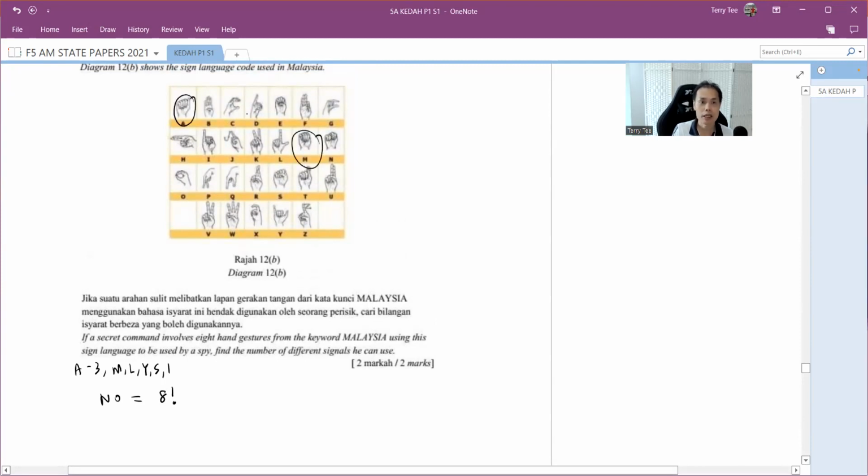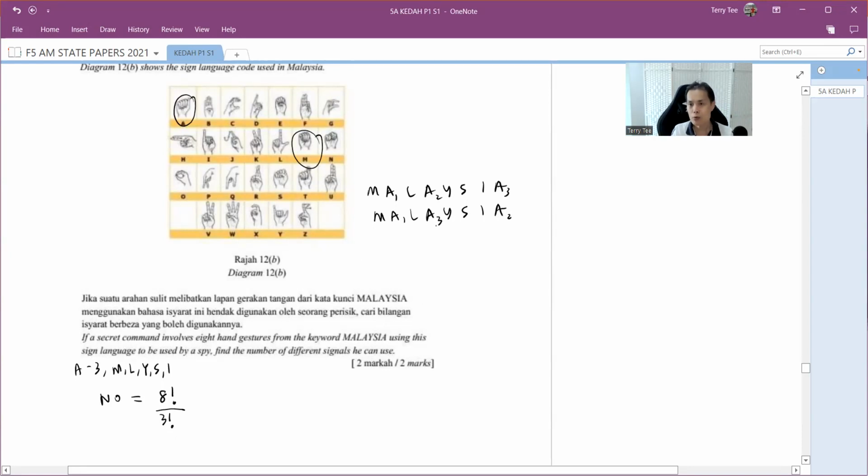After all, they're all distinct sign language for different letters. So we have 3 identical letter A's. Remember, you have to divide by 3 factorial. If they were distinct letters, let's say A1, A2, A3, then one arrangement is A1, A2, A3 and another is A1, A3, A2. When you remove the subscripts, it doesn't matter, it appears to be the same.